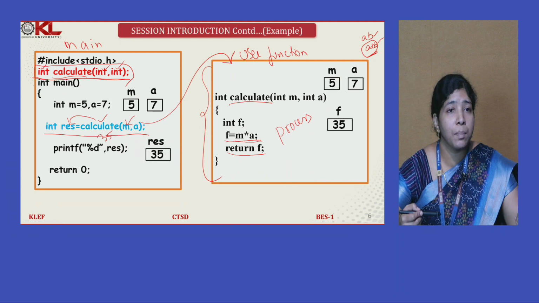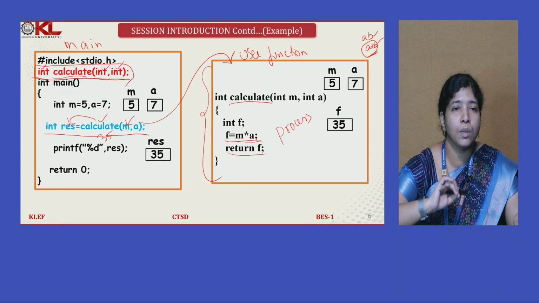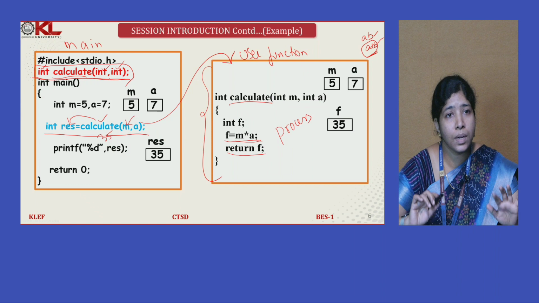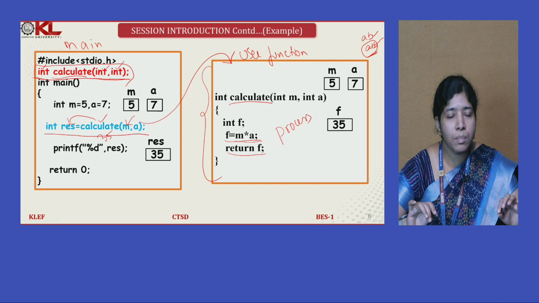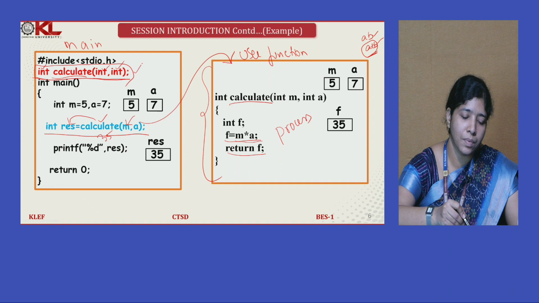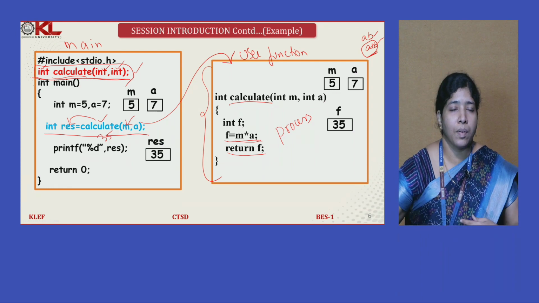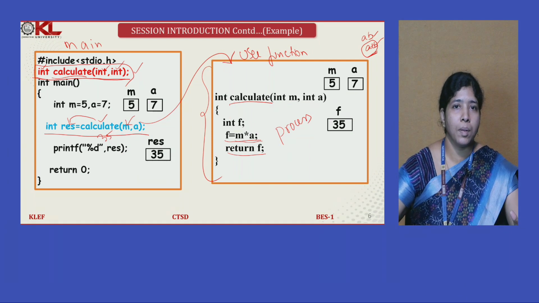So we must declare it before telling the main method that I am using this user function called calculate, which has two inputs, integer and integer, and I want the return type of that user function as integer only. Anything used in the main function or in a program, we are supposed to declare first. I have just given an outline of how this is done in programming. Now we will see how these categories are implemented one by one.